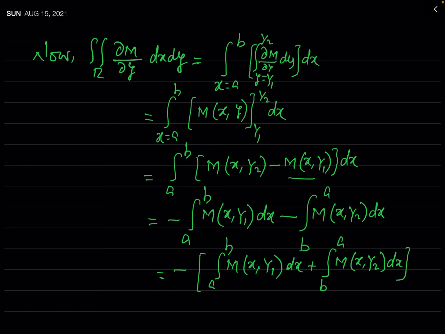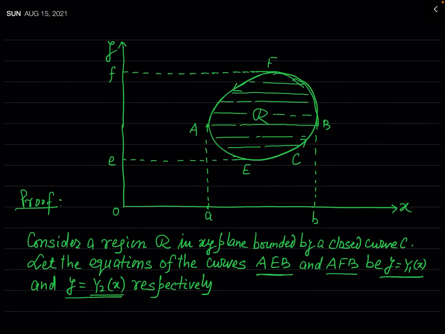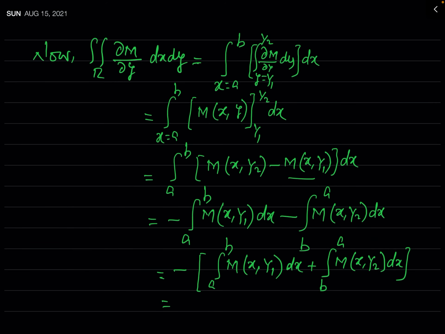But see, the integral of m of x comma Y1 from a to b, and the integral of m of x comma Y2 from b to a, the sum of these two integrals you can write simply as the integral of m dx along the closed curve C, because this is simply the sum of the integral along AEB and BFA, not AFB, because you have taken the minus sign.